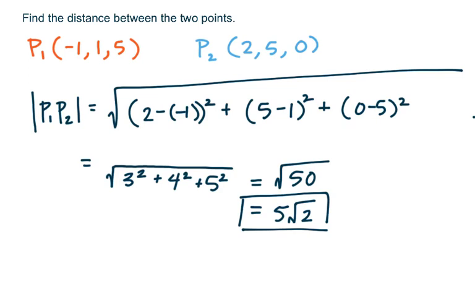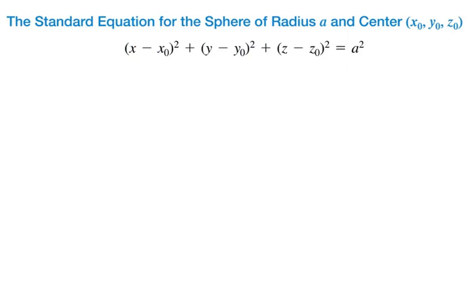Now we're going to talk about the distance formula and how it's used to write the equation of spheres in space. Here we have the standard equation for a sphere of radius a with a 3-space center. And this looks, again, very similar to our 2-space equation of a circle.